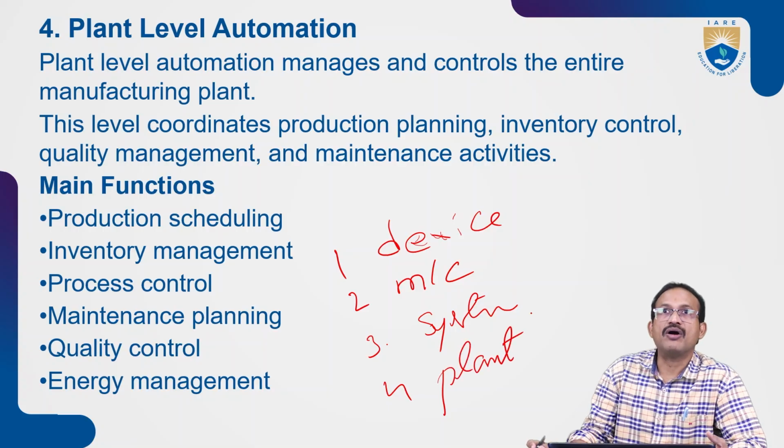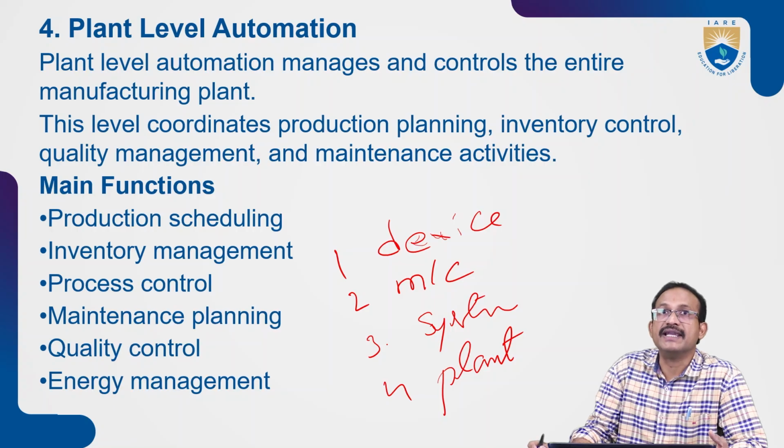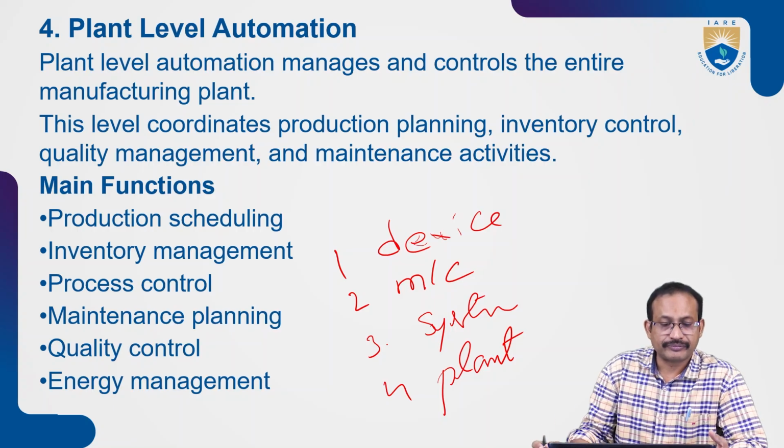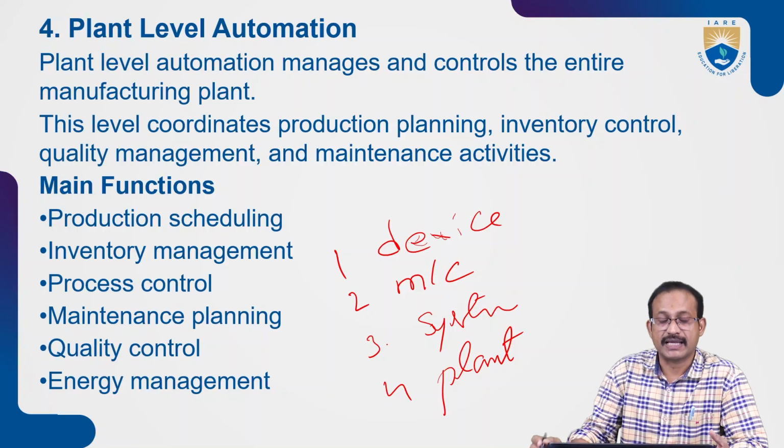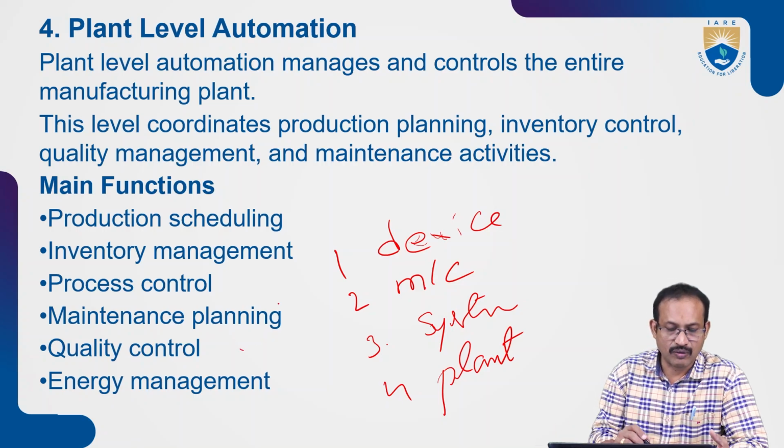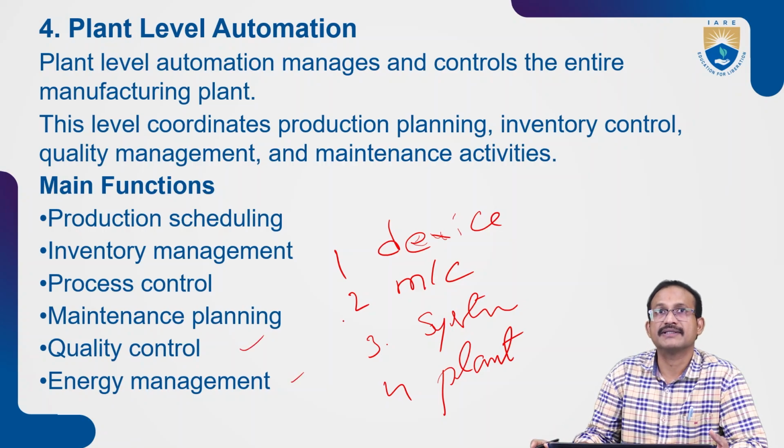This level coordinates production planning, inventory control, quality management, and maintenance activities. The main functions are production scheduling, inventory management, process control, maintenance planning, quality control, energy management.